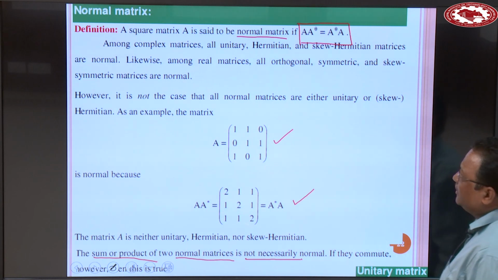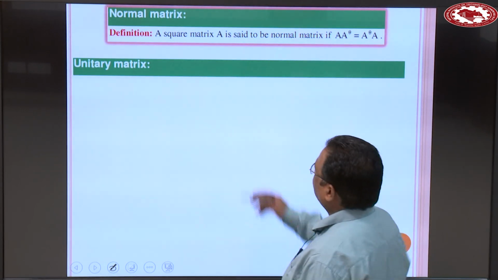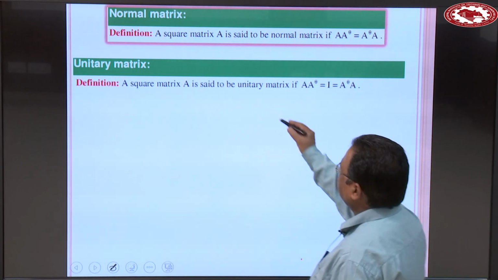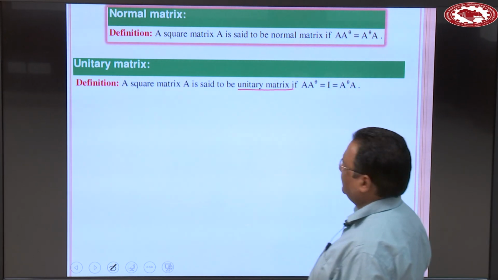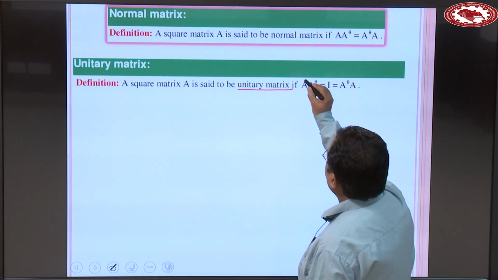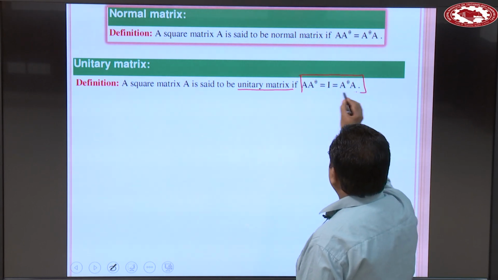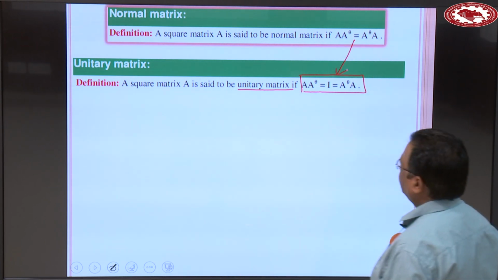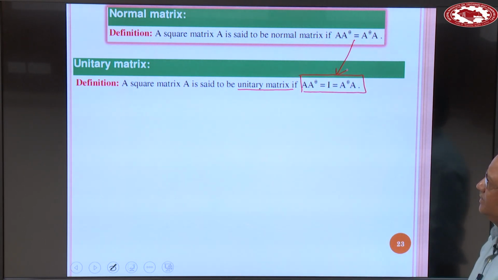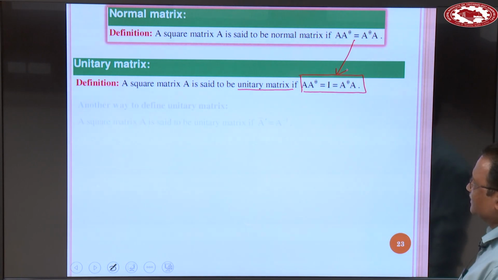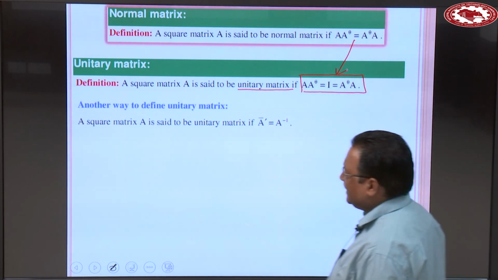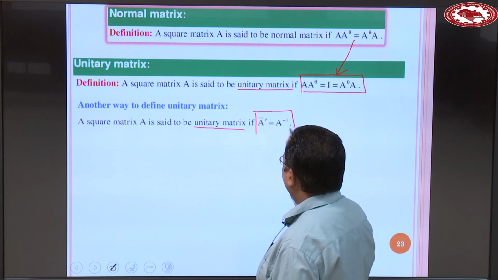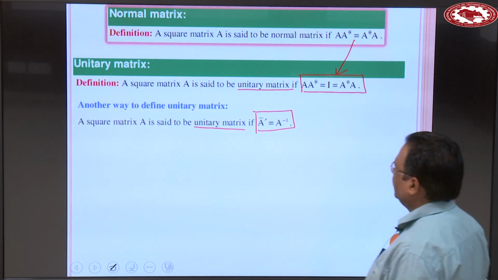Now, what is a unitary matrix? We know the normal matrix. What is a unitary matrix? A square matrix A is said to be unitary if A theta A is equal to I is equal to A A theta. So, that one is a unitary matrix. Equivalently, a square matrix A is said to be unitary if A theta is equal to A inverse.